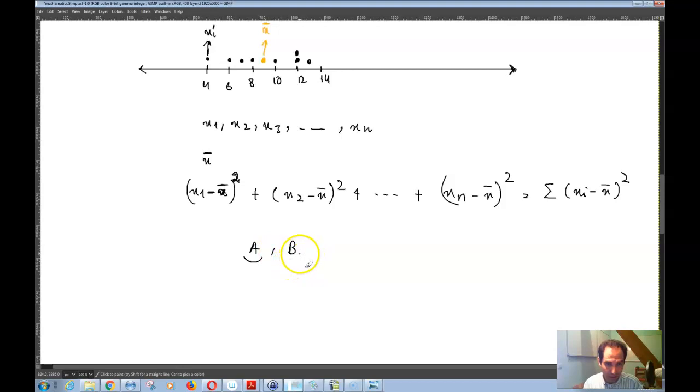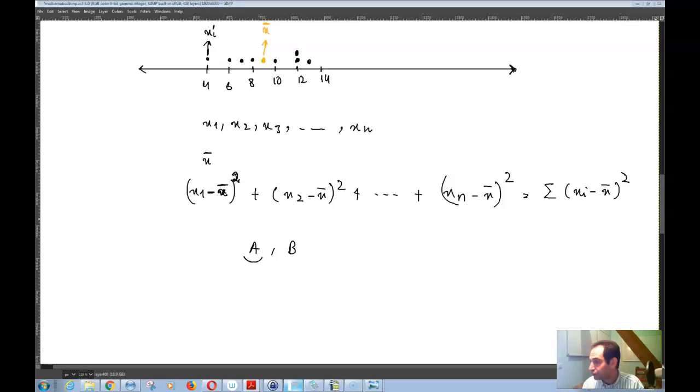In B, the dispersion was higher, and the number that we got was lower. So that meant that we could not use this measure. This would not serve us as a good measure of dispersion, right? Of course, if you want more details about what I'm talking about right now, you can go back and watch the videos where we talked about these in detail.